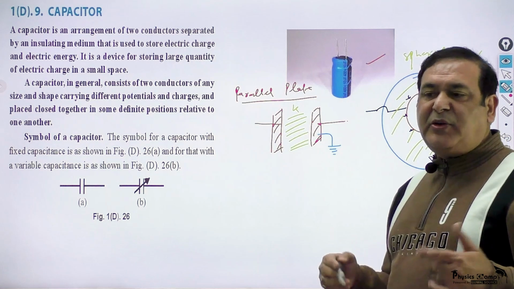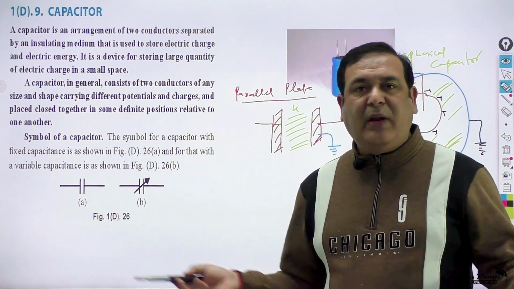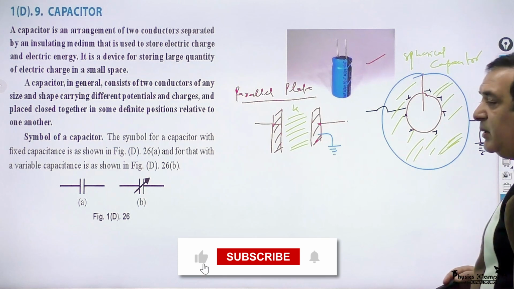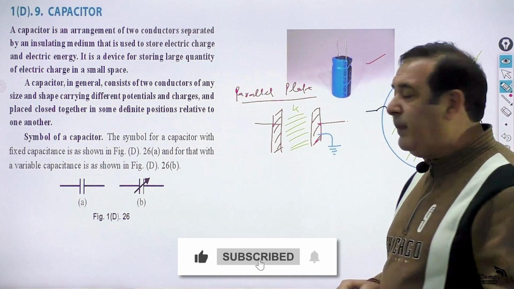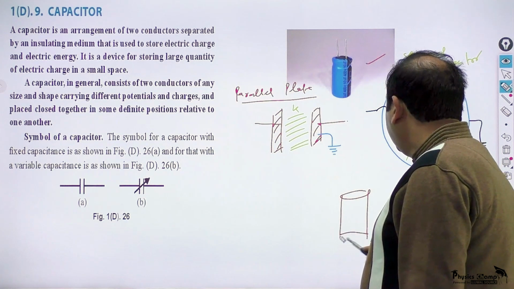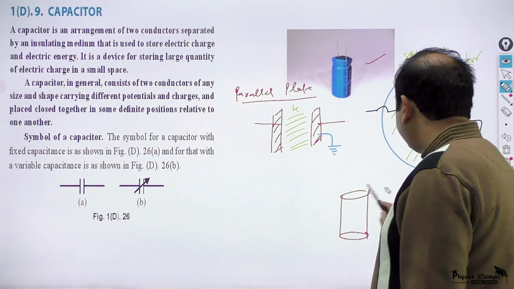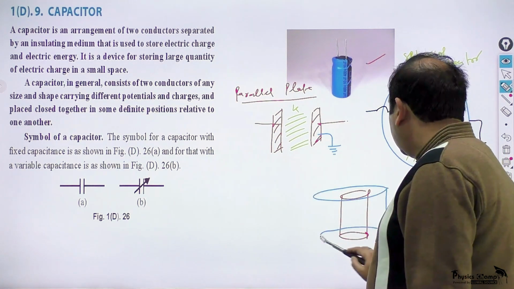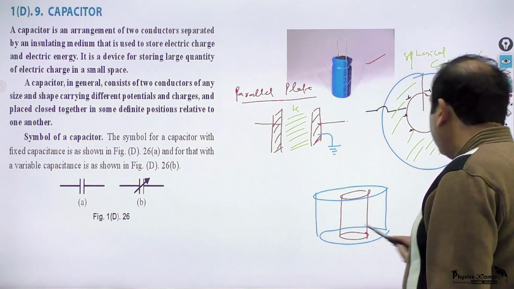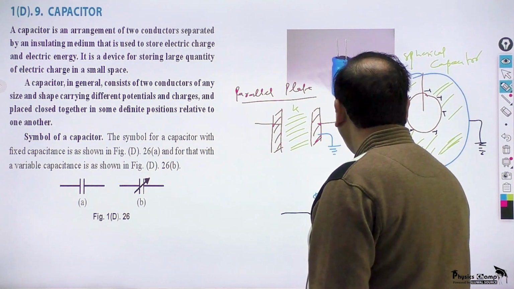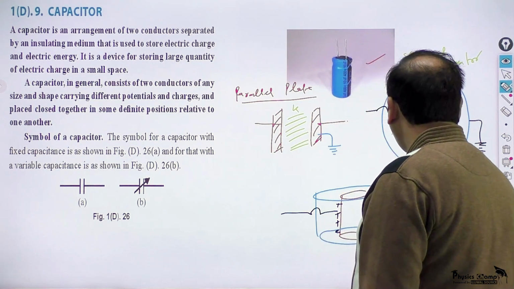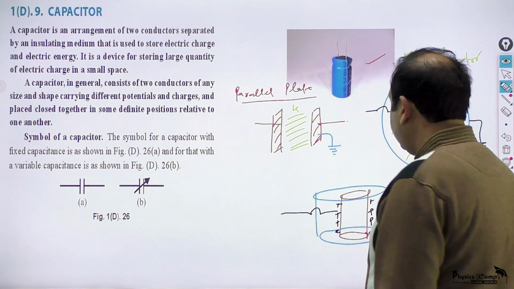So, depending on the shape of these conductors, we are naming these capacitors. Similarly, the other shape of a capacitor could be a cylindrical capacitor where you will have two cylinders. The two conductors are in the form of two cylinders. The inner cylinder is provided the charge and outer cylinder is earthened.